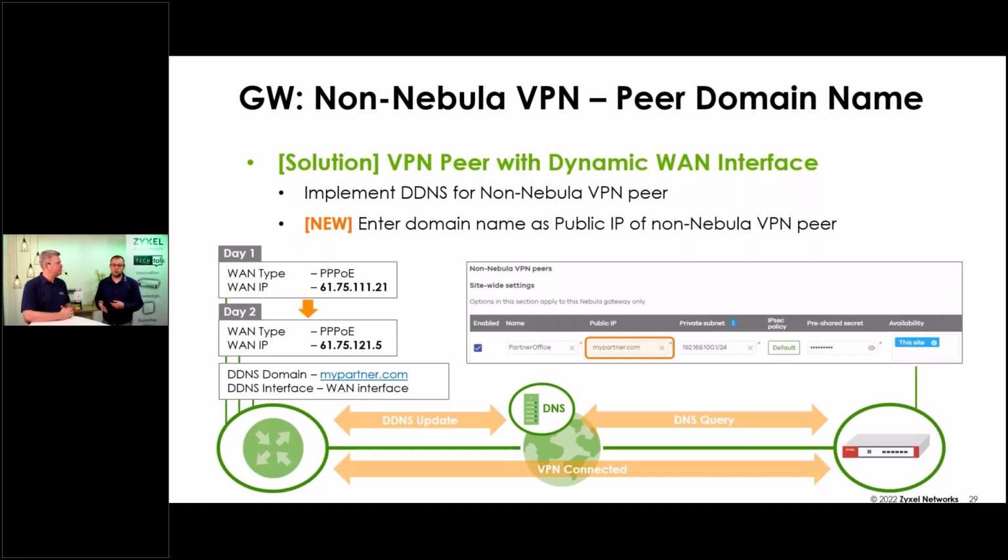In any case, what's always helping is if you get in touch with the support and post it as a feature request so that we can collect your feedback and convey it to HQ to get that fixed with a higher priority. Yeah. Same as we did, for example, with the best example here, the domain name in the non-Nebula VPN peer. Finally implemented. Exactly. And that's the same nearly with all functions. It's no matter if it's a firmware that we take later into consideration or the versions of Nebula, the way how it handles configuration and updates to devices.